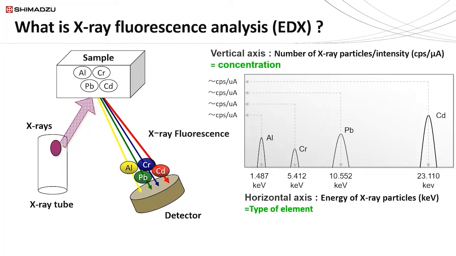For example, aluminum has nominally an emission energy of 1.487 keV. Chromium is at 5.4 keV, and so forth. So you can identify the element from its emission energy, and its intensity is correlated with the concentration of that element within the sample. Roughly speaking, the higher the aluminum intensity, the more aluminum content is in the sample, and vice versa.